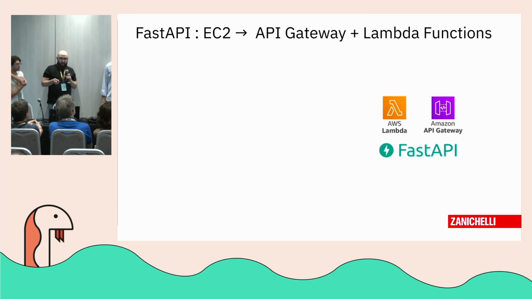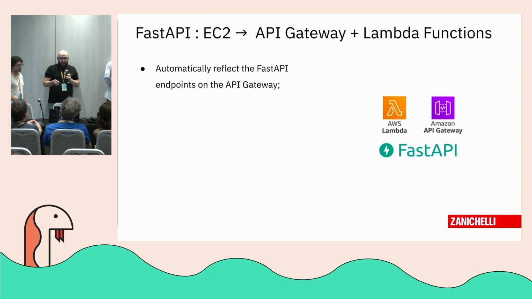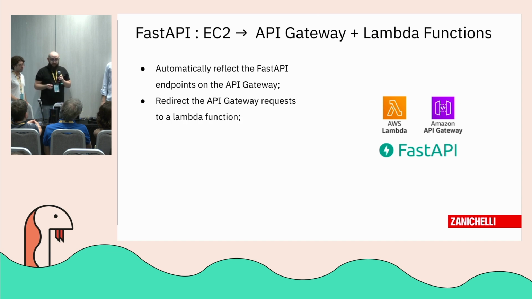We found out that this was really easier than we thought. But first, what do we need? First of all, we need to reflect each API endpoint onto the API gateway, and we want it to be automatic, without doing it manually.